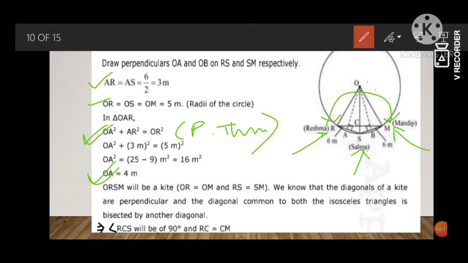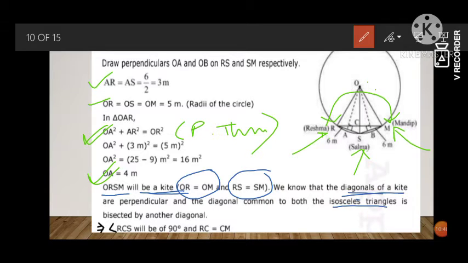Now you can see from the diagram that ORSM is a kite. A kite is a special kind of quadrilateral where the diagonals are always perpendicular to each other and they form an isosceles triangle. So we can see that OR and OM are equal as they are the radii, and RS and SM are equal as they are the distances between the friends.